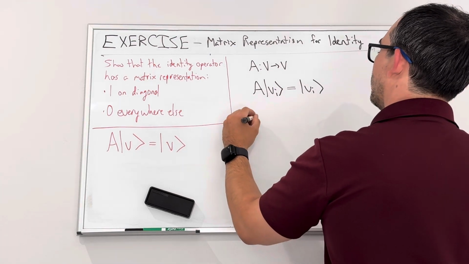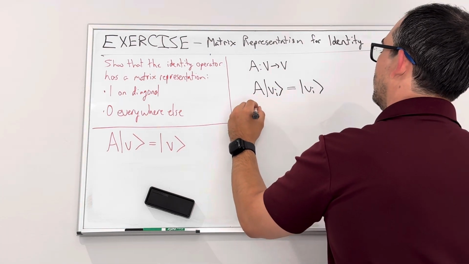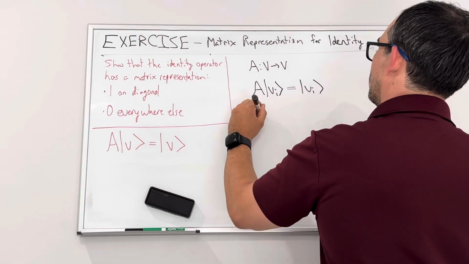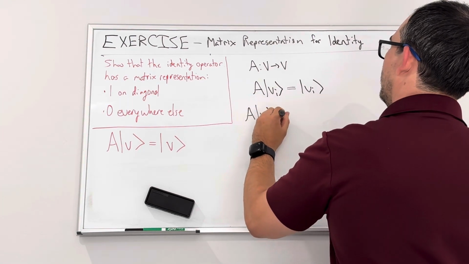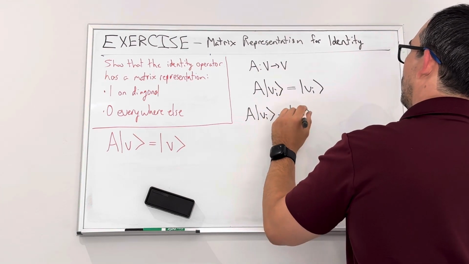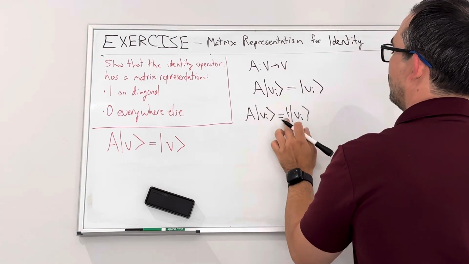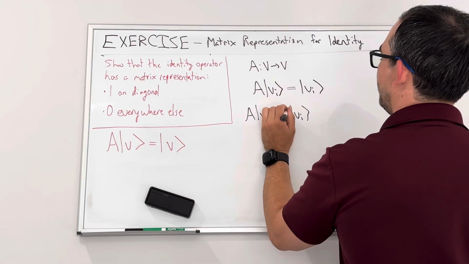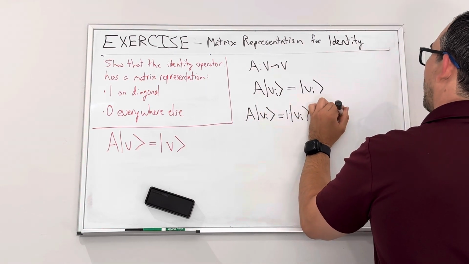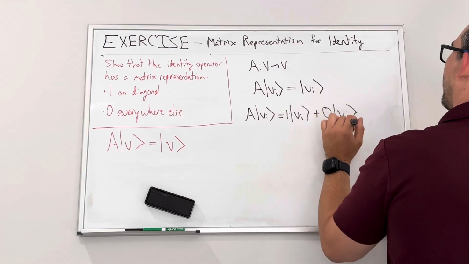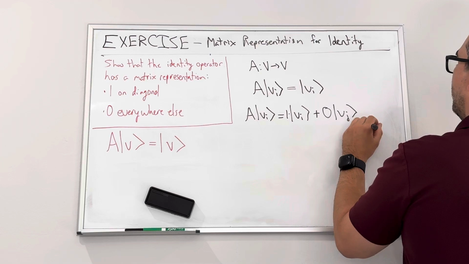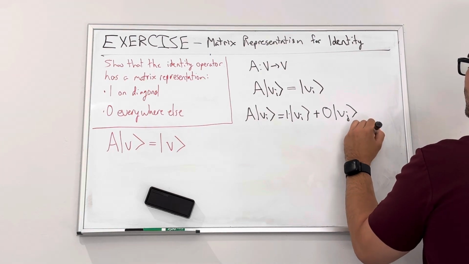We can rewrite this as A applied to vector Vi equals 1 times Vi plus 0 times Vj, where i is not equal to j.